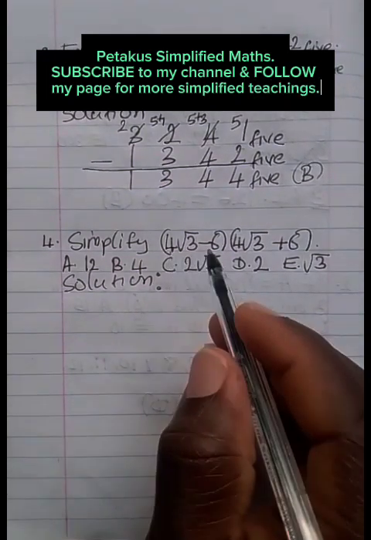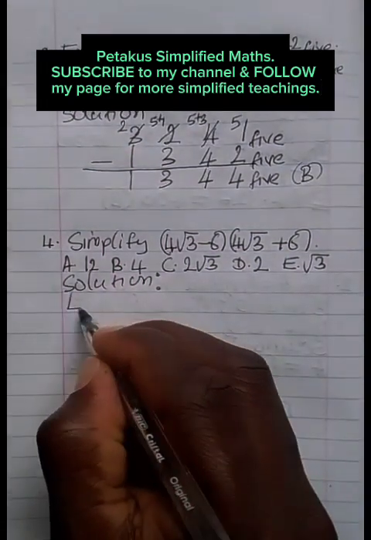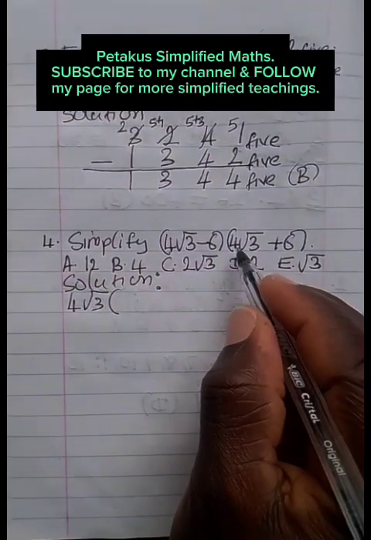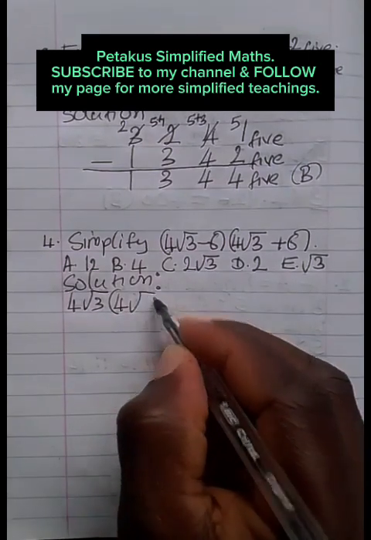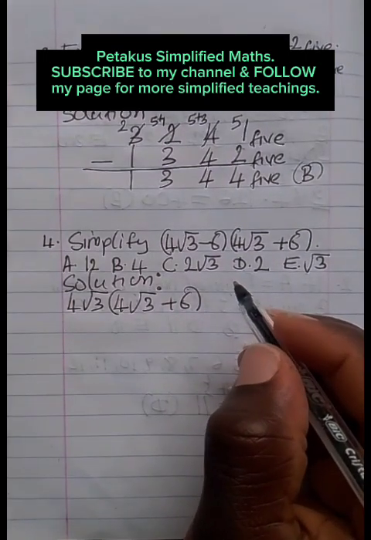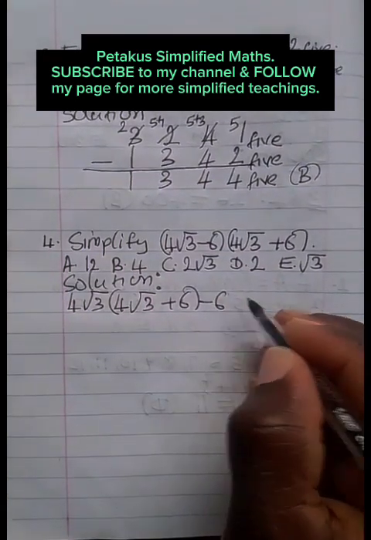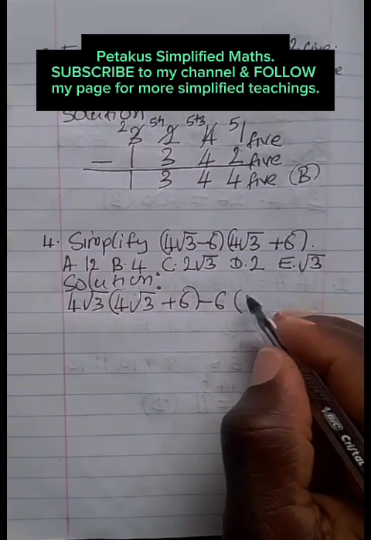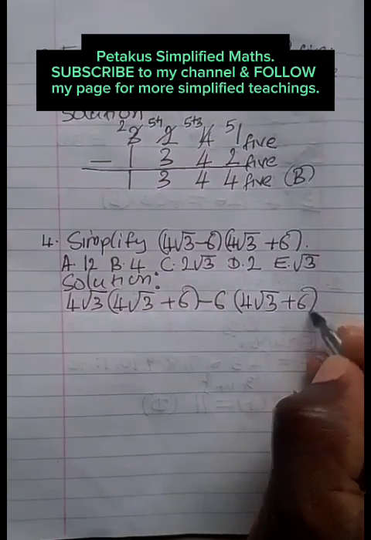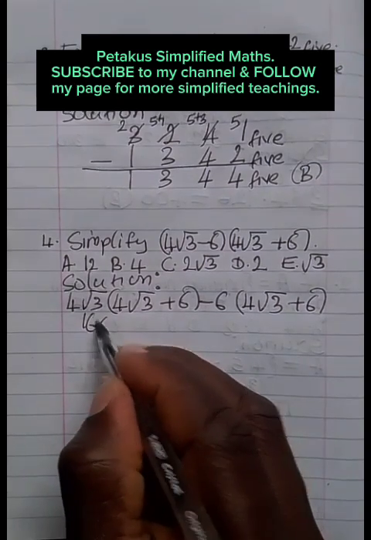You start with the first term, that is 4 root 3, to multiply the second bracket, 4 root 3 plus 6. You take the second term in the first bracket, minus 6, to multiply the second bracket, 4 root 3 plus 6. Then you simplify. 4 times 4, that is 16.